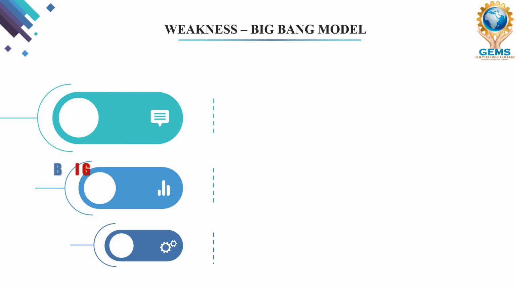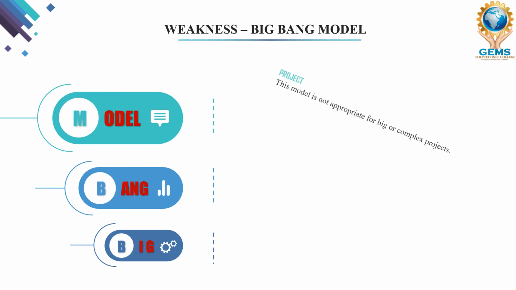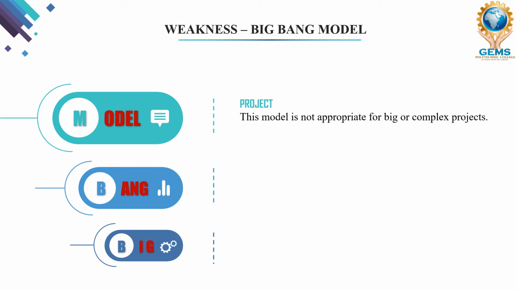Now weakness. So in weakness, again we have three points. We will see these three points one by one. Project. As I told you, the Big Bang model is not suitable for object oriented projects or large projects. So it is only suitable for small projects. This is one of the weakness points of the Big Bang model. Next, risk.